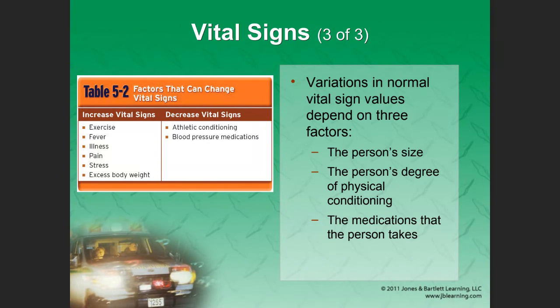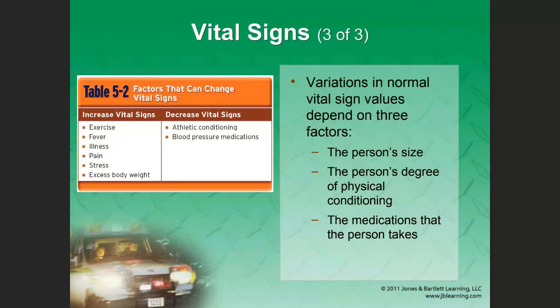Things that can decrease vital signs: athletic conditioning, an athlete in good shape, or a patient taking medications for their blood pressure. It doesn't have to be specifically blood pressure medication, but that's the most common example I can think of.